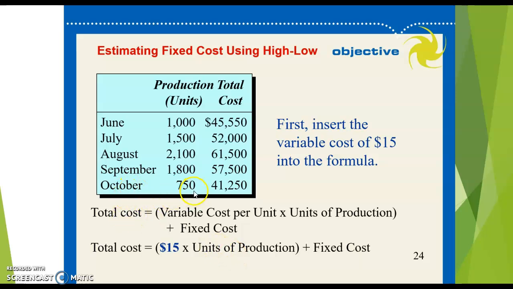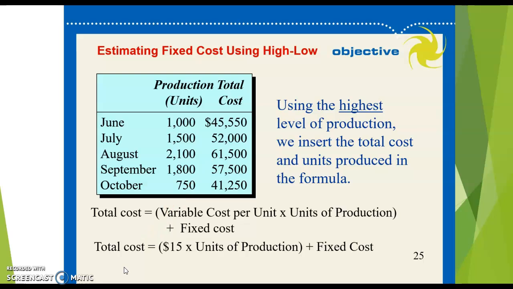Or I can use the low, so the total cost would be $41,250 equals $15 times 750 units, and then we can figure out the fixed cost. And the fixed cost will turn out to be the same number. Doesn't matter whether we use the high or the low. We can't use any of these other months though. We have to use either the high or the low.